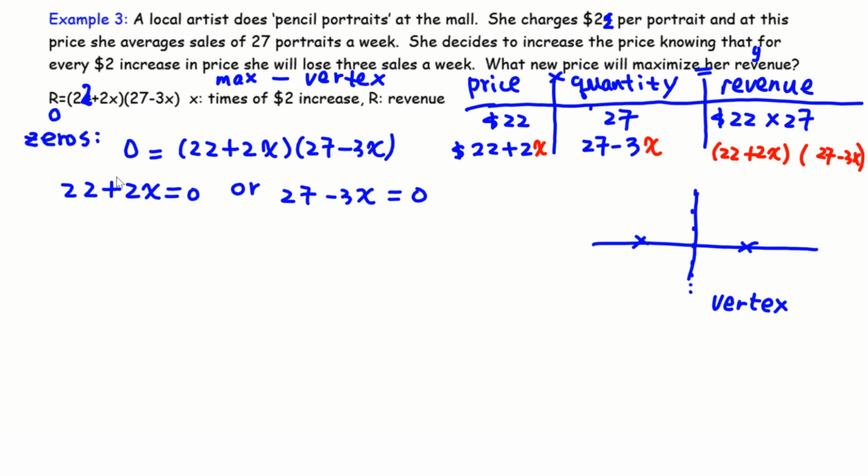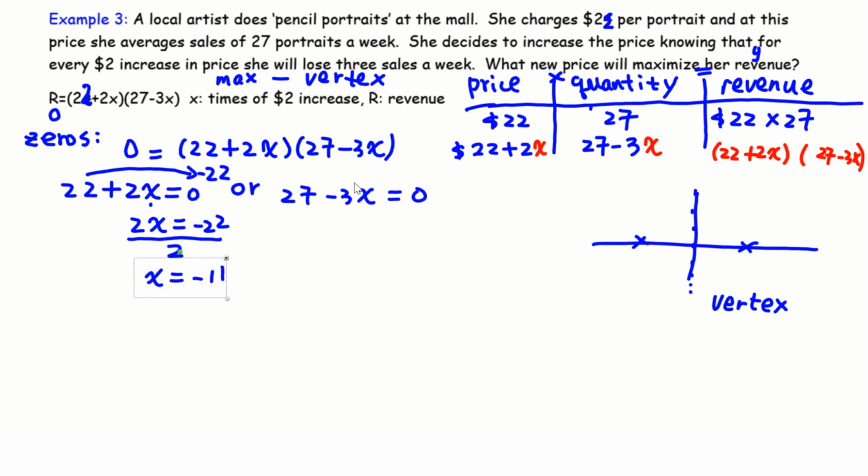When we have one x in the equation, we could isolate this x by moving the numbers to the other side. So 22 moves to the other side, the opposite operation is minus. So it is negative 22. Then in order to solve for x, we move the 2 to the other side by doing the opposite operation of multiplication, division. So we have x equals negative 11.